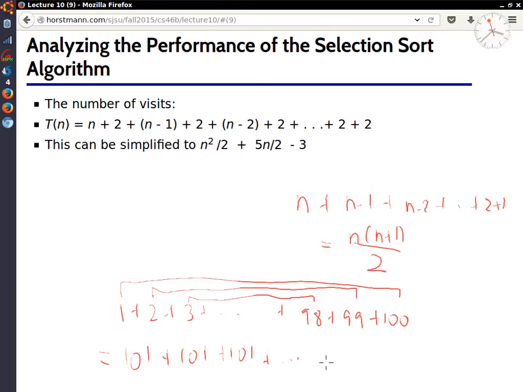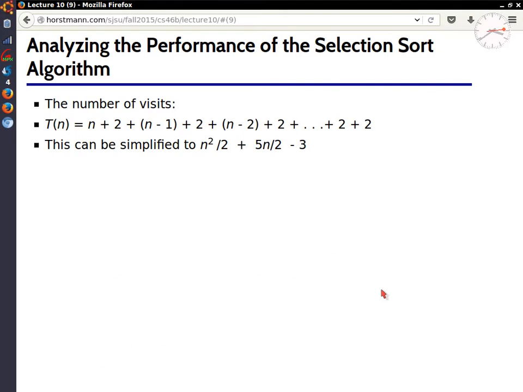And so that happens 50 times. At this point I say, okay, n is 100, so n over 2 is the 50, and n plus 1 is the 101. That way I know that I remembered the formula correctly. It happens often enough that I need to reconstruct it from memory, and there it is.